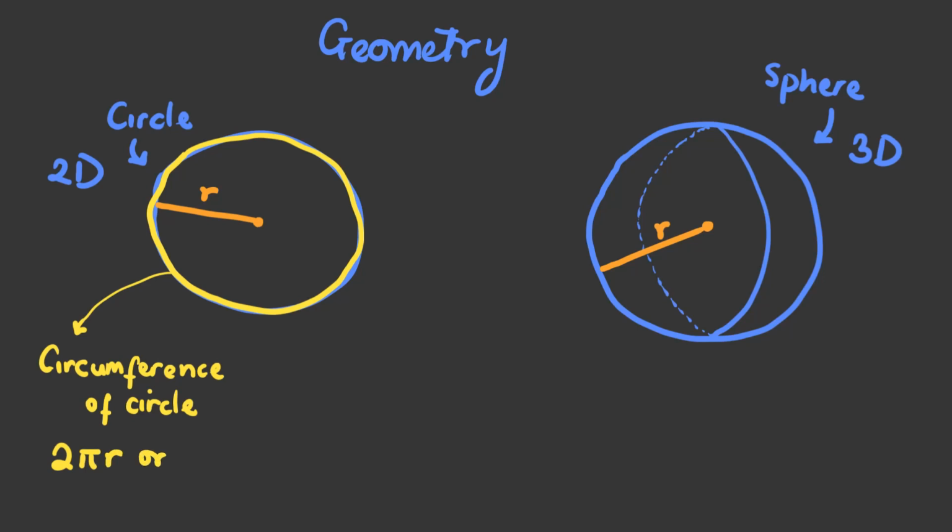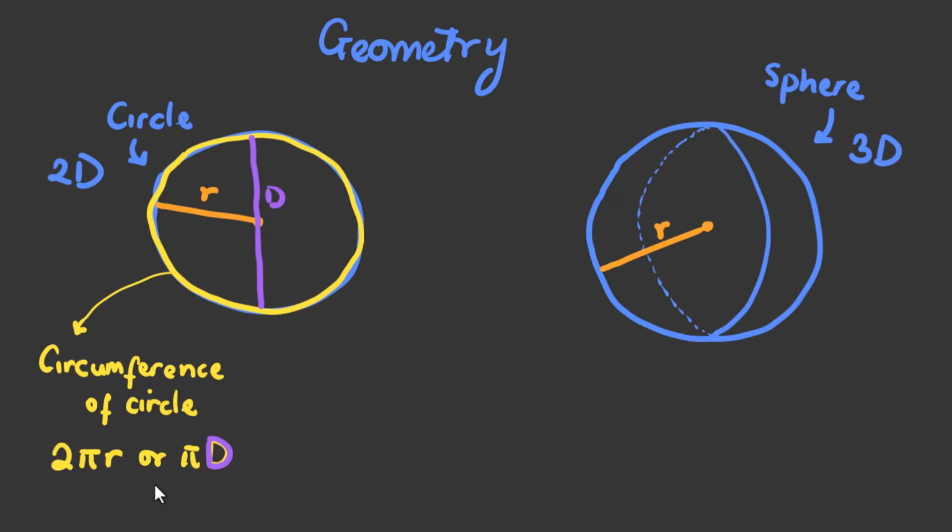Or you can multiply pi by d, where d represents the diameter of the circle, which is the distance through the center from one end of the circle to the other end. And to determine d, all you do is multiply 2 by your radius.